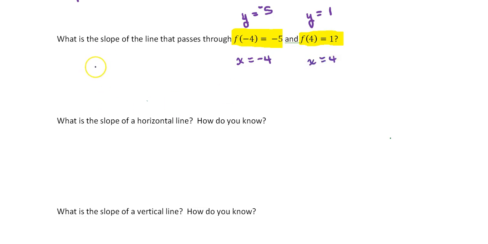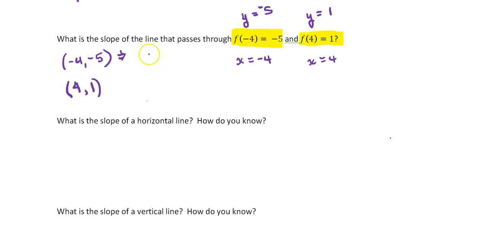So my ordered pairs on this are going to be negative 4, negative 5, and 4, 1. From here, I'm going to set up my slope formula.